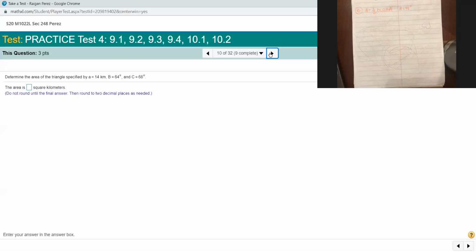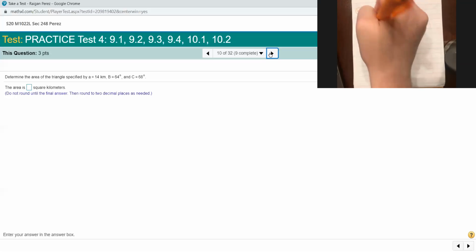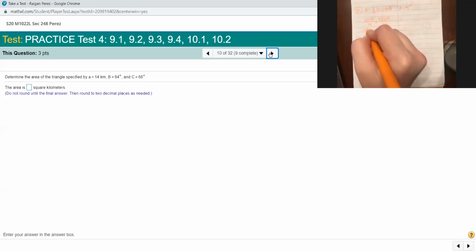Okay, well, I really need either B or C, it doesn't matter. So let's do sine of 48 over 14 is equal to sine of 64 over B. So 14 times sine of 64 divided by sine of 48 is equal to B. 14 times sine of 64 divided by sine of 48.